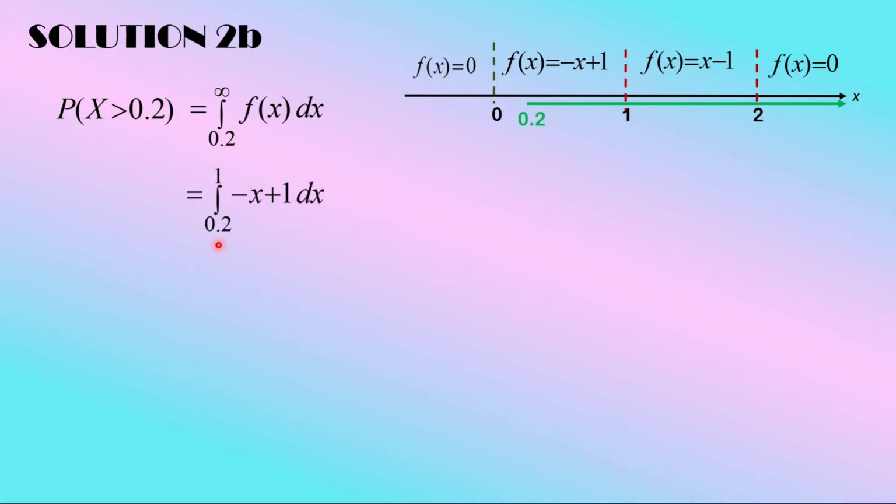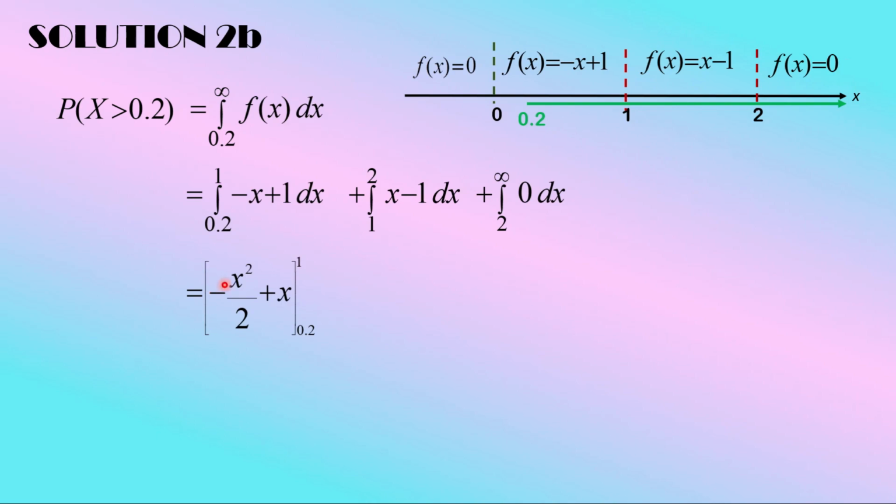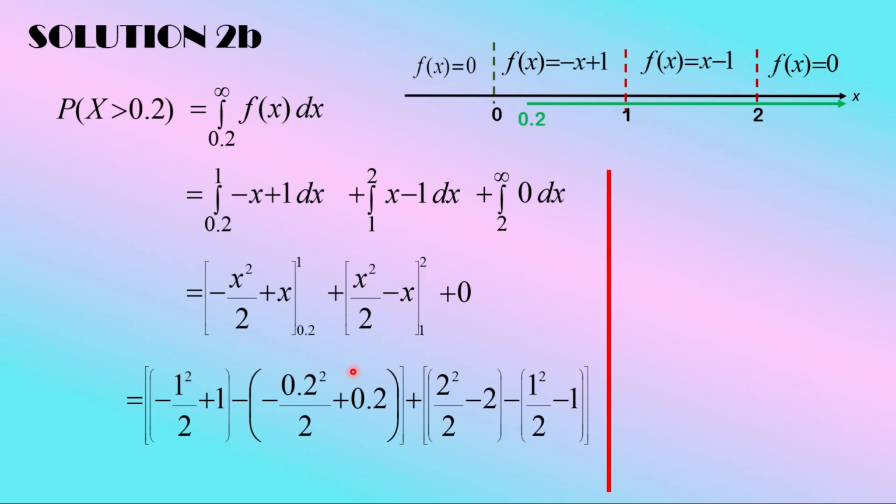First, integrate from 0.2 to 1 for the function negative x plus 1, plus from interval 1 to 2 for the function x minus 1, then in interval 2 to infinity for the function 0. So this is the result after integrating. Then substitute and simplify to get 41 over 50.